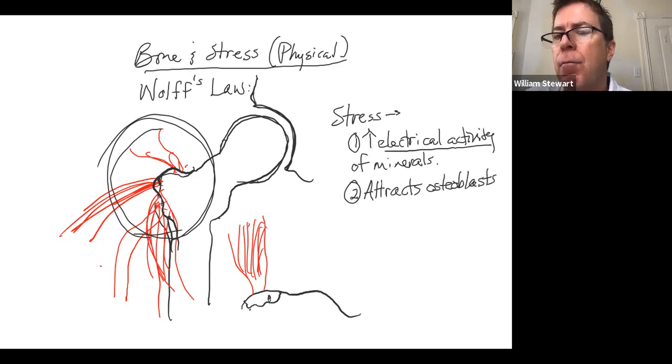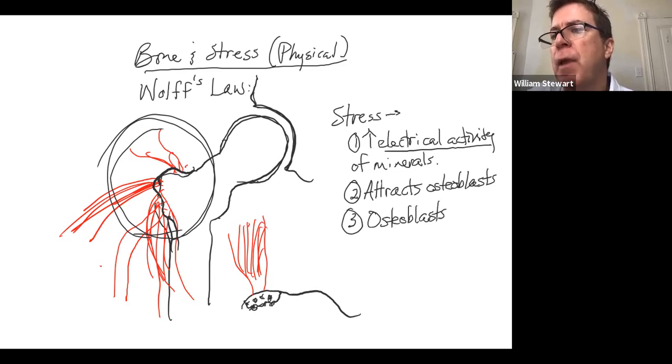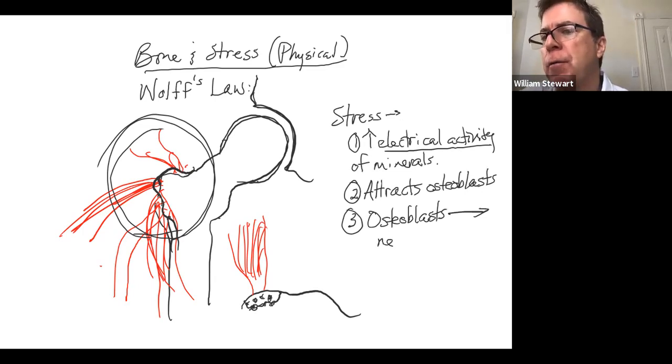So we get more bone forming cells in that area. Osteoblasts secrete osteoid. I'm just going to write osteoblasts ultimately are responsible, in conjunction with blood and calcium. Osteoblasts are responsible for new bone.